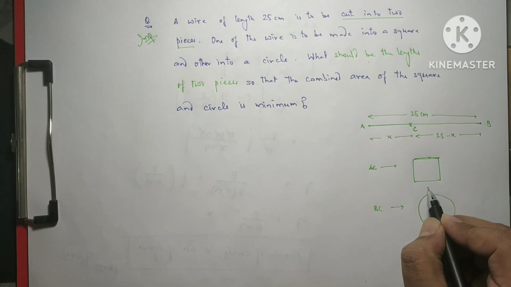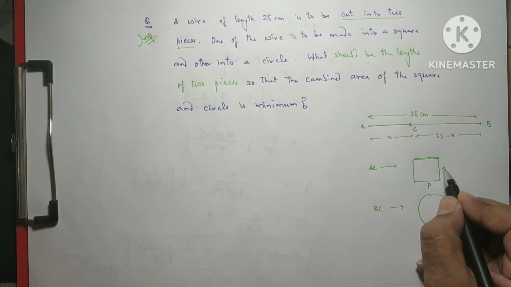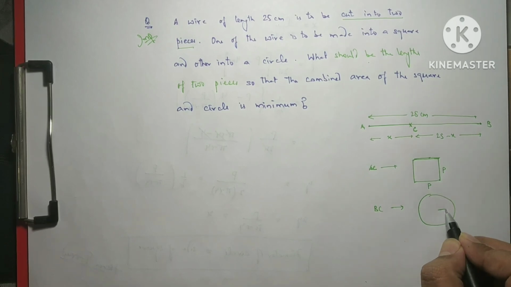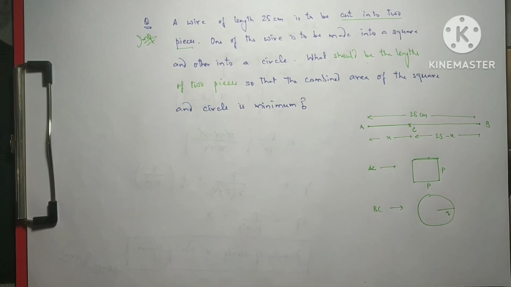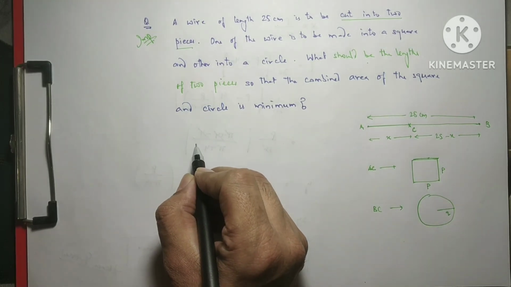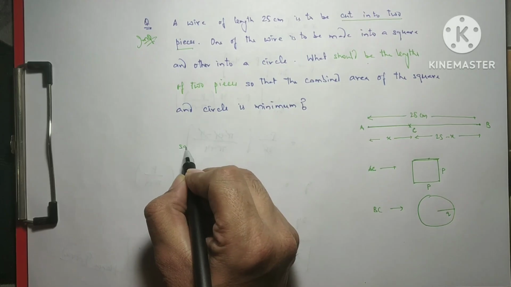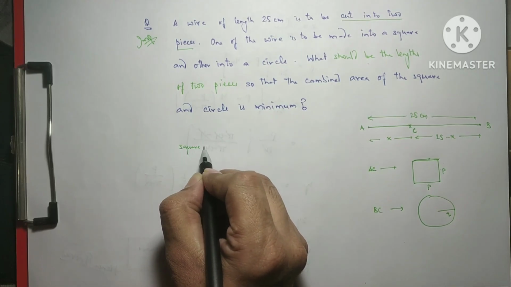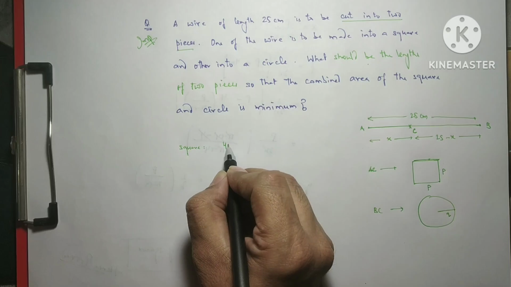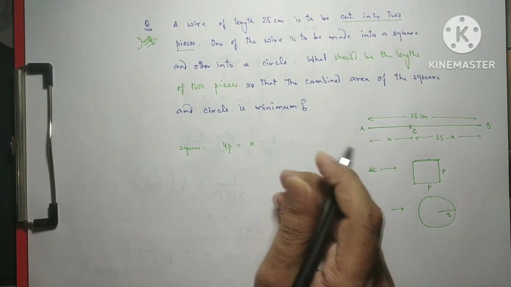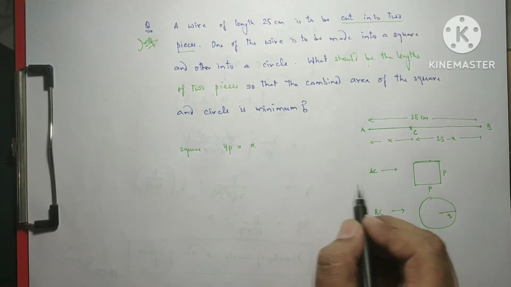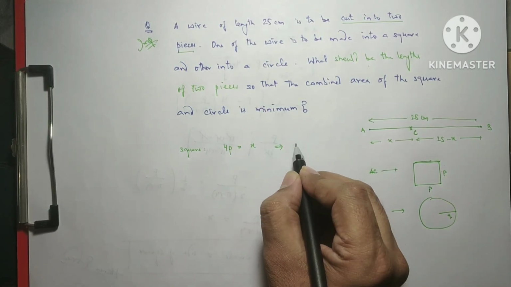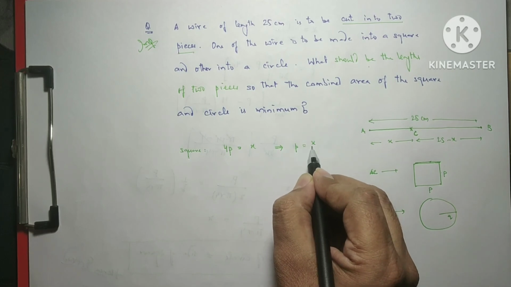Let us consider the side of the square is P and the radius of the circle is Q. So 4P equals the perimeter of the square, which is x. So P, the side of this square, equals x by 4.